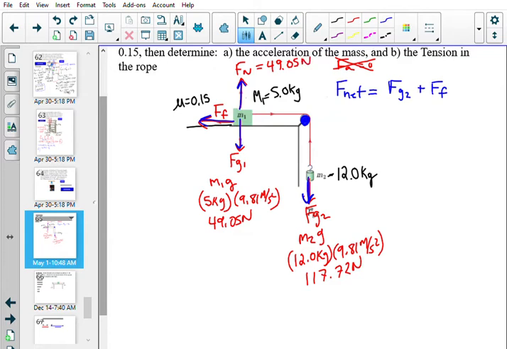And if we know that Fn is 49.05 up, then we can get the frictional force, because it's mu times Fn. So the frictional force is 0.15 times that 49.05. So my frictional force is 7.3575.